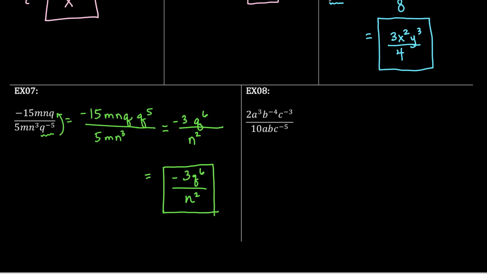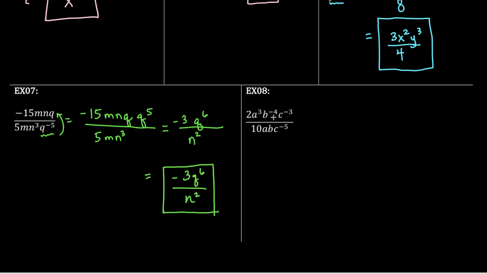And let's do one more in yellow. Okay, so I'm going to move, there's a lot going on here. So we have 2a to the 3rd. This will come down here. This will come down here. And this will come up here. Let me see if I can show that better.